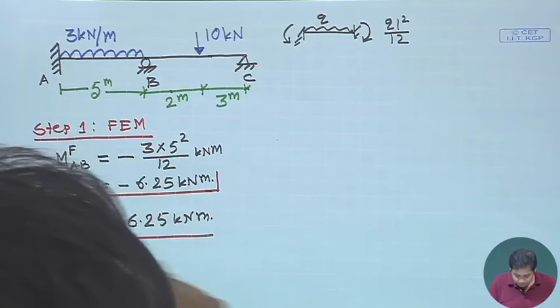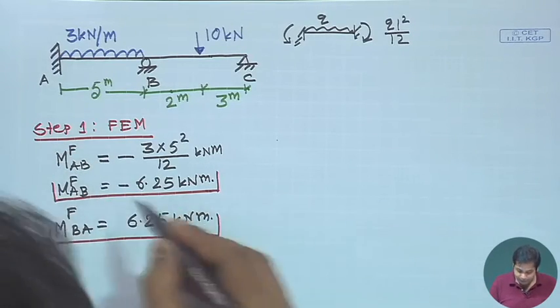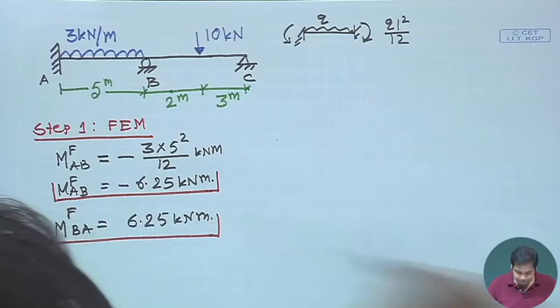So these are the fixed end moments for span AB.